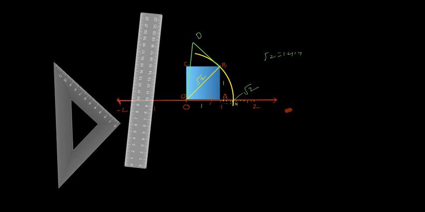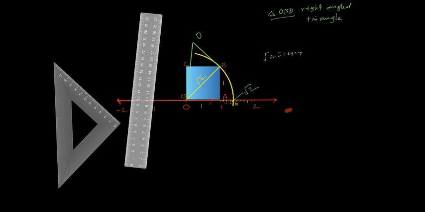Here triangle OBD is a right angled triangle. BD is a perpendicular drawn on the hypotenuse from point B, and after that we join OD.